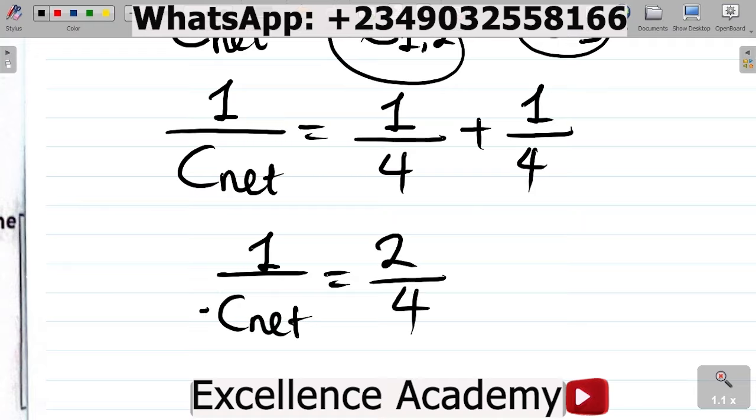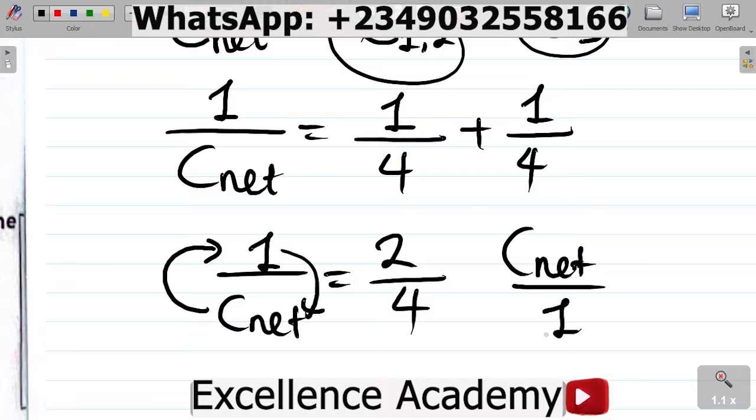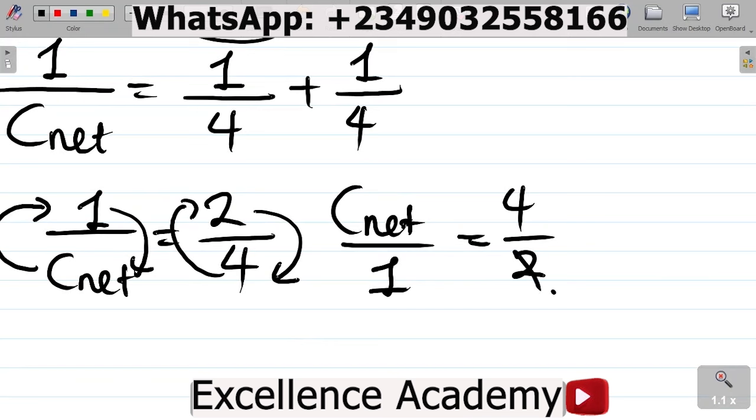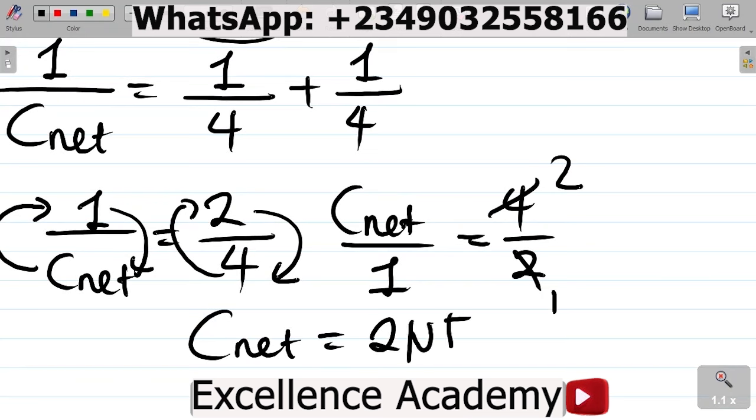So you take the inverse. This one goes up, this comes down, becomes C net over 1 is equal to 4 over 2. So 2 here, 1, 2 here, 2. So the net capacitance is equal to 2 microfarad.